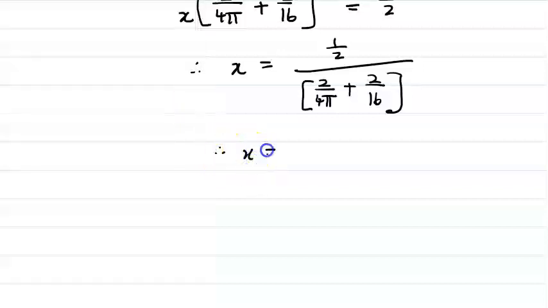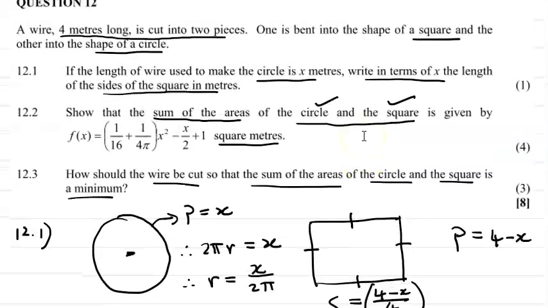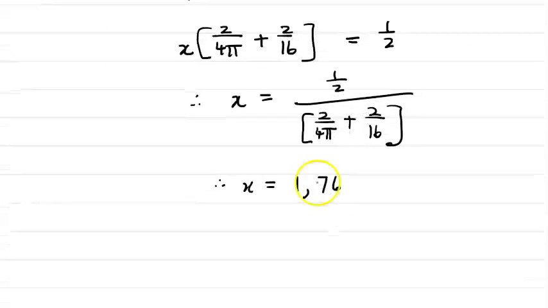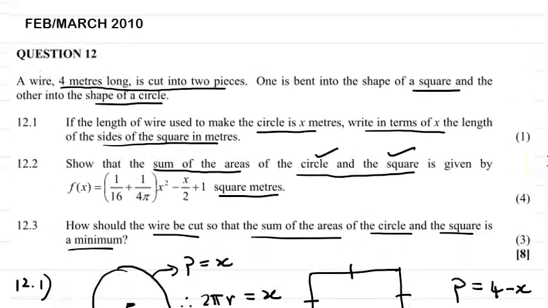Therefore, x equals 1.76, and our units are in meters, 1.76 meters. Things to remember when you are finding maximum and minimum values in calculus is to make sure that you write your expression in terms of one variable only, find the derivative of your function, equate it to 0 and solve for the variable that you're working in.